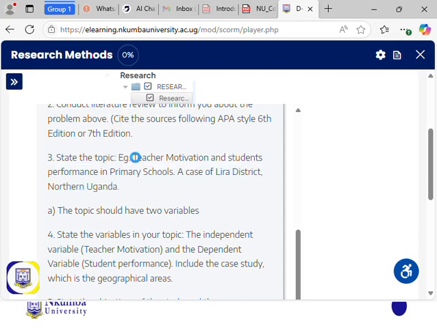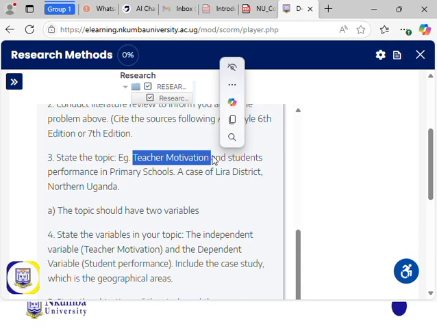Because teacher motivation is the one causing it, on which students' performance is depending, we call students' performance the what? The dependent variable. It is depending on teacher motivation. But because teacher motivation has nothing it is depending on here, we call it independent.